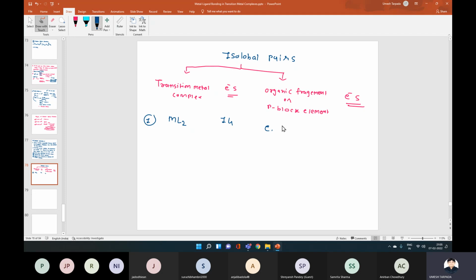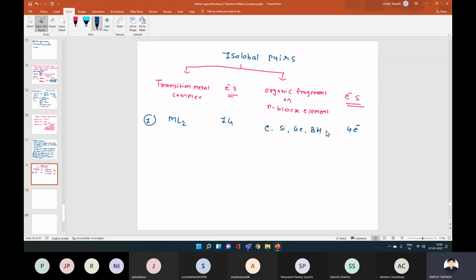So it may be carbon, silicon, germanium. Boron belongs to group 13. So BH has 4 electrons, 3 plus 1, that is 4. That is from the organic side. You can have 4 electrons, and from the inorganic side you have 14 electrons. Then you can say that these two are isolobal with each other.